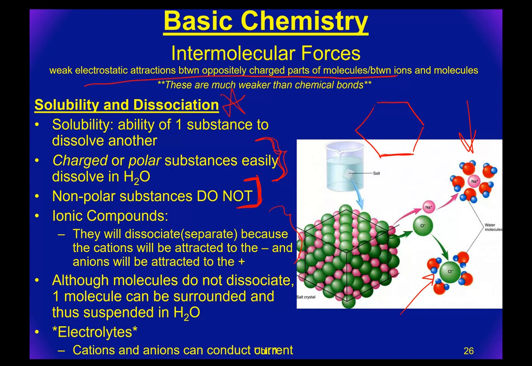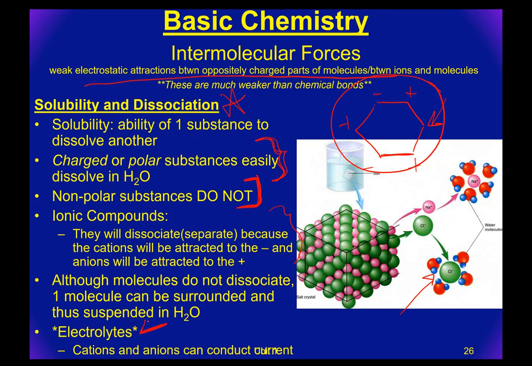Okay? That ring structure has positives and negatives around it, and it's this whole thing that gets suspended. It's not necessarily the individual atoms, but does it still break apart in water from the crystals that you have in your sugar bowl? Yes. So we still say that it is soluble, it dissolves.